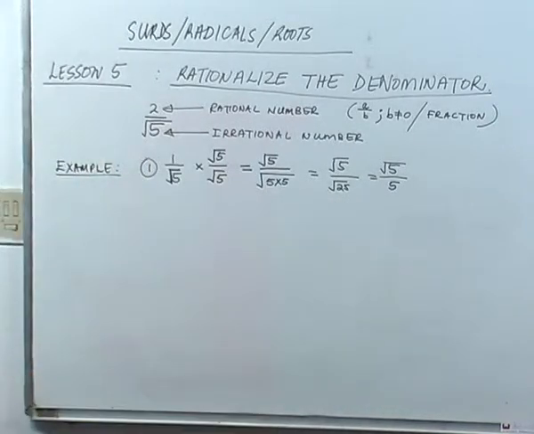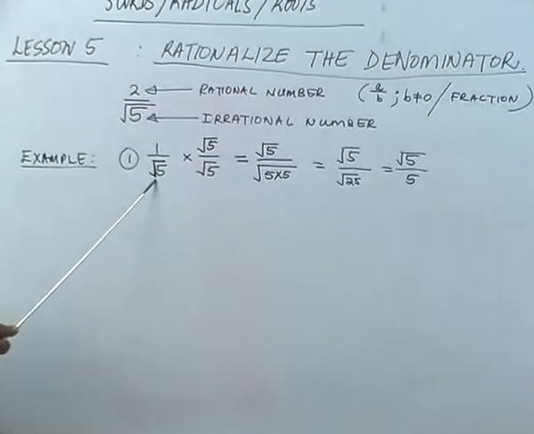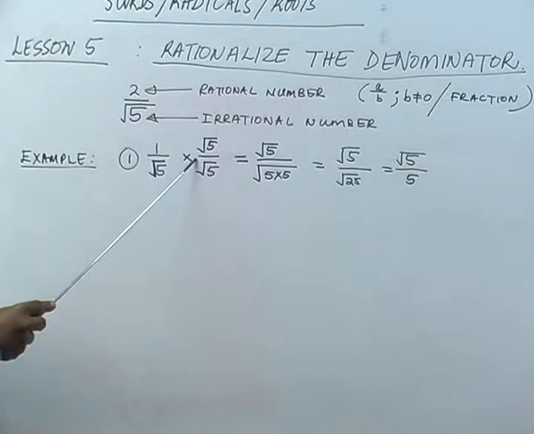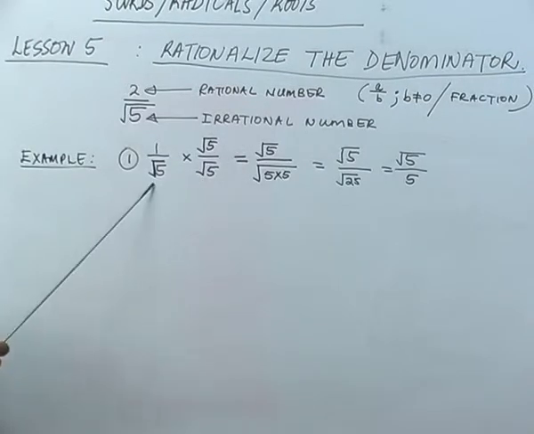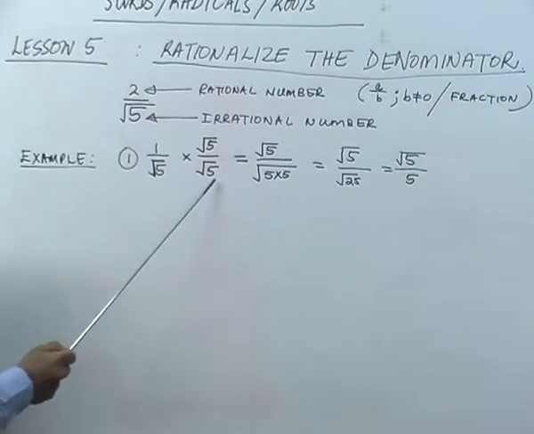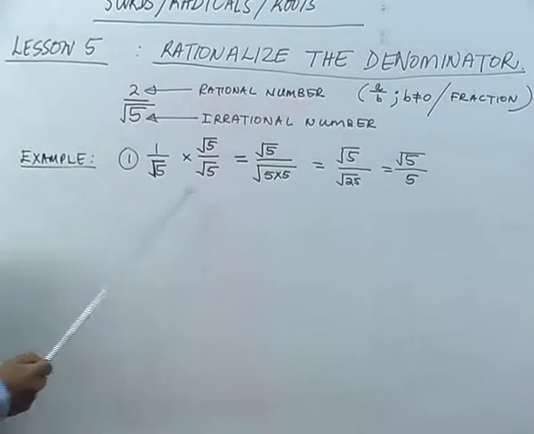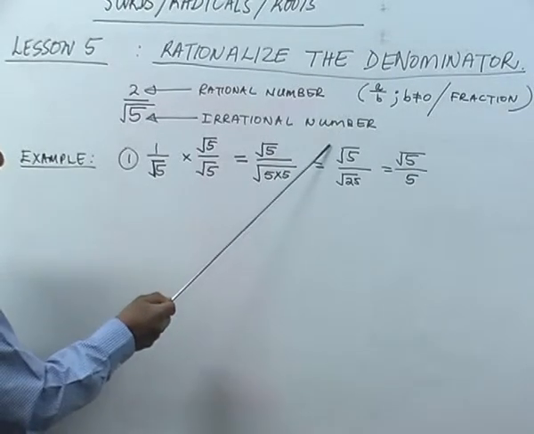So, let's go through that method again. We were given 1 over square root of 5. Because the denominator is square root of 5, we multiply by square root of 5 over square root of 5. 1 times square root of 5 is square root of 5. Square root of 5 times square root of 5 is really the square root of 5 times 5. I've written it down. The numerator is still square root of 5.